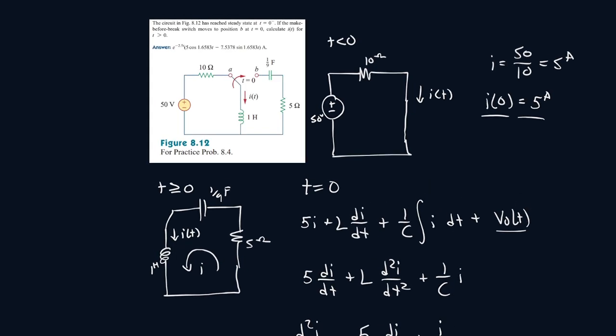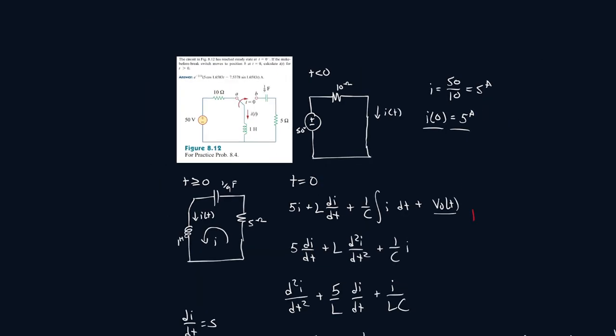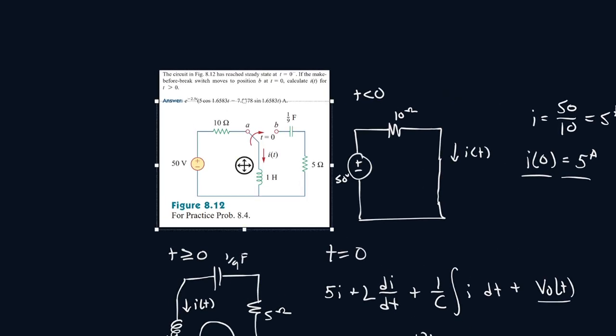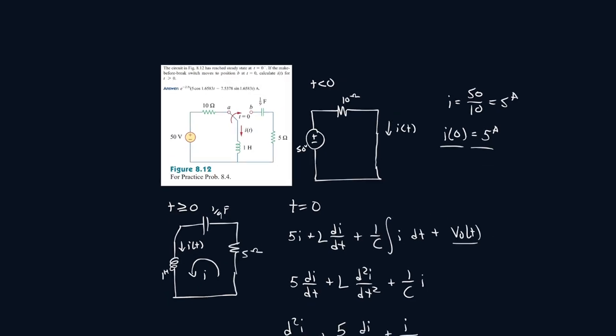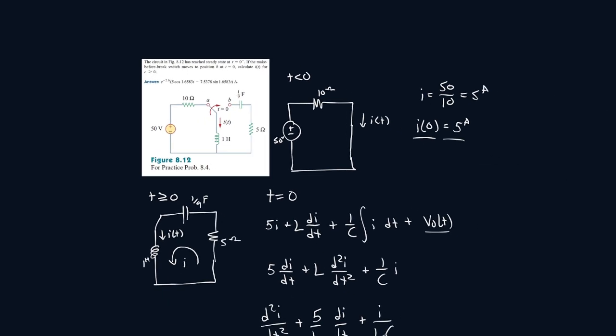When t was less than 0, this region of the circuit where our capacitor is did not exist, so our voltage at the capacitor was 0. When t is equal to 0 and we flip the switch, the voltage at this capacitor is still 0. So that means this is just going to be 0.